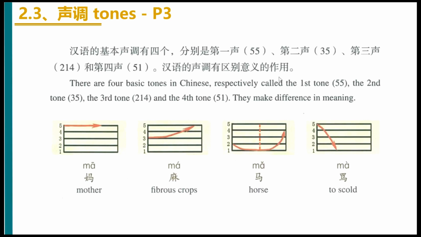For example, 妈 means mother, using the first tone. 麻 means fibrous crops, using the second tone. 马 means horse, using the third tone. 骂 means to scold, using the fourth tone.